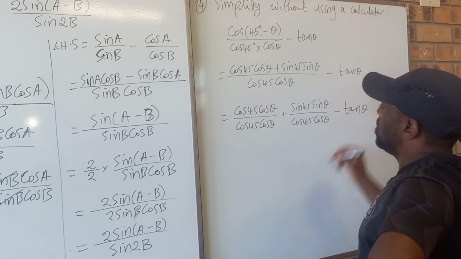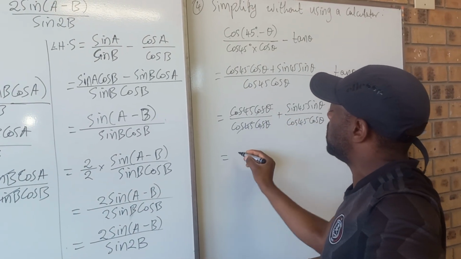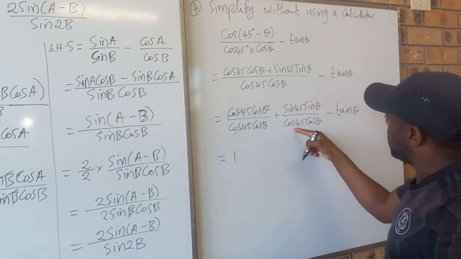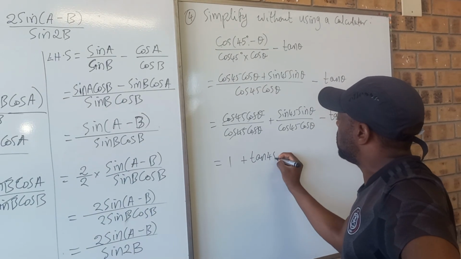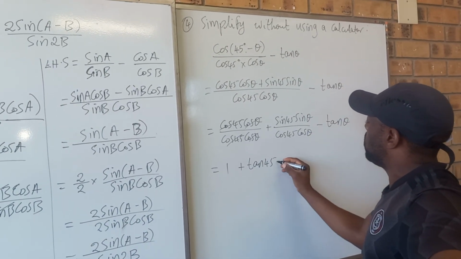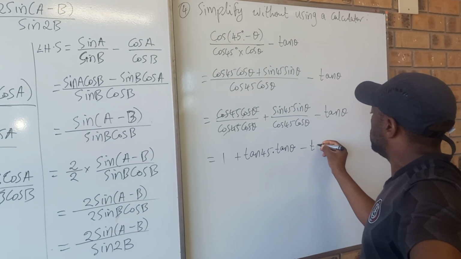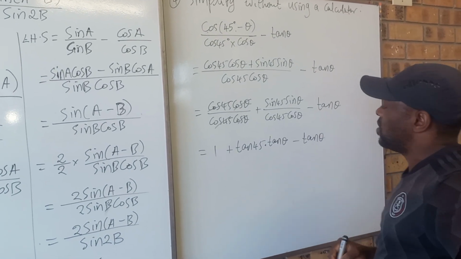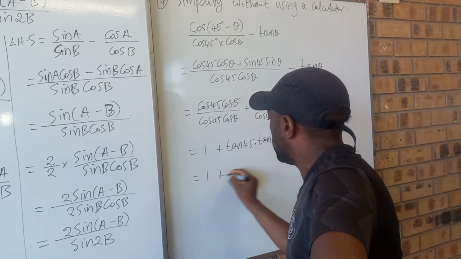then minus tan theta. So this one will take care of this, will take care of this. Means the first term is a 1, then sine over cos is a tan, so this is plus tan 45, then multiplied by tan theta, then minus tan theta. So that is it. So this becomes 1 plus.